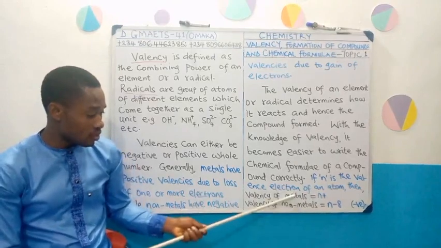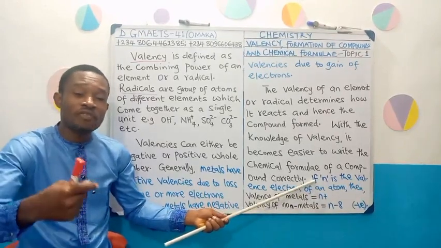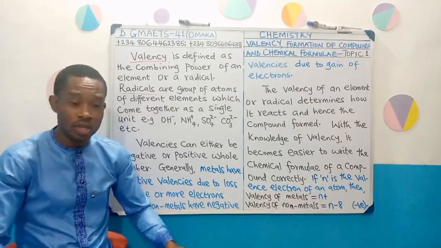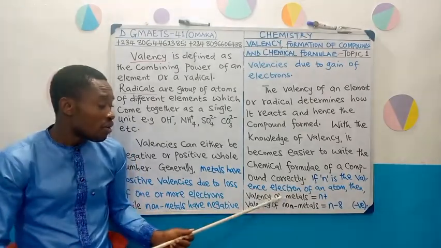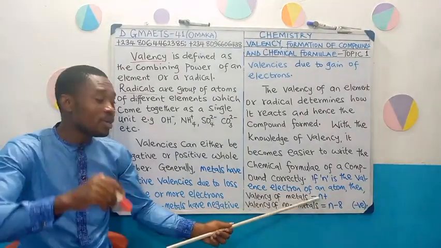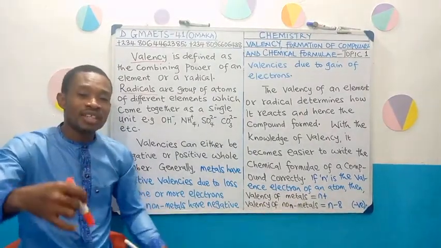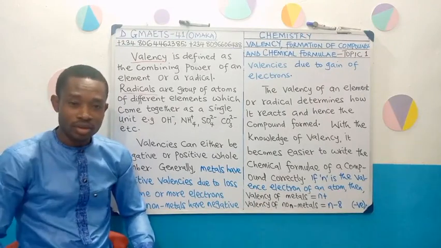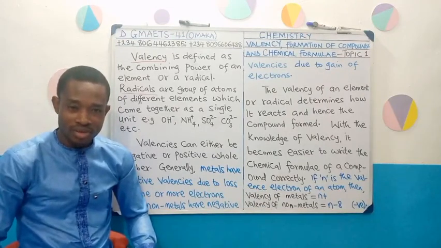For metals, if we assume that N is the valence electron, that is the number of electrons in the outermost shell of an atom, then the valency of metals will simply be equal to N plus. That is the number of electrons in the outermost shell, then plus. Does that make sense?